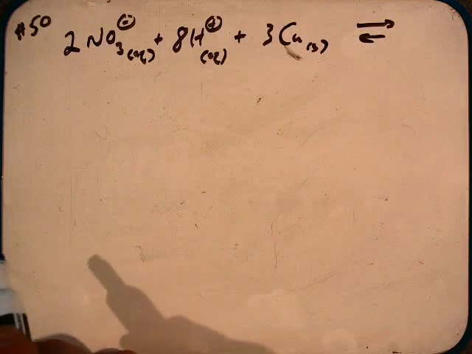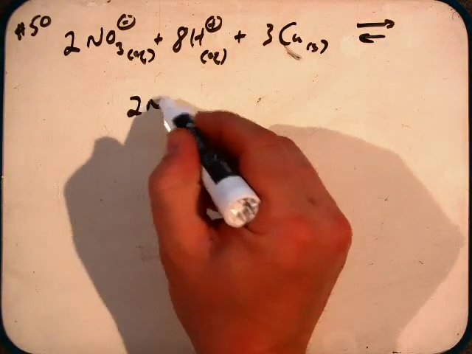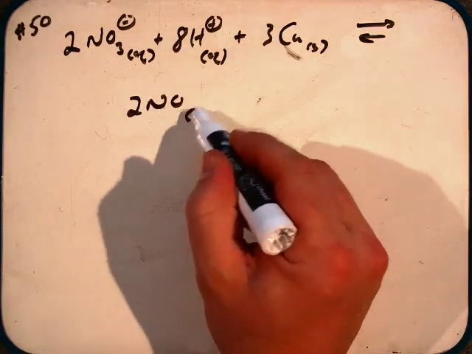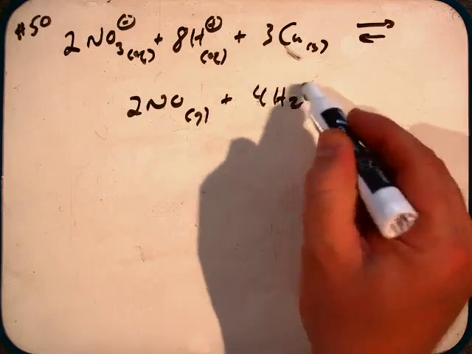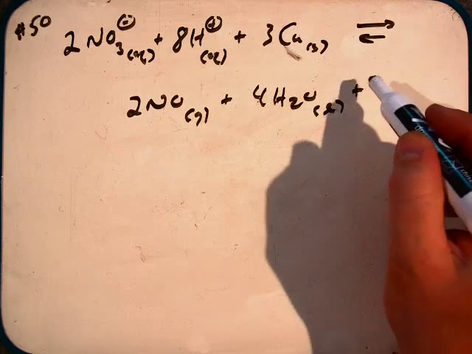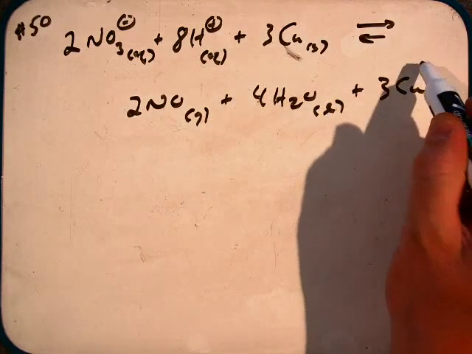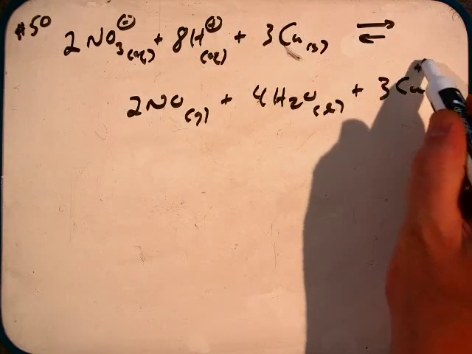Those are our starting materials, and then our products are nitric oxide and then some other species, water, and then 3 coppers that are +2.